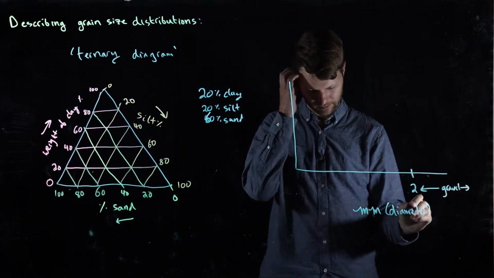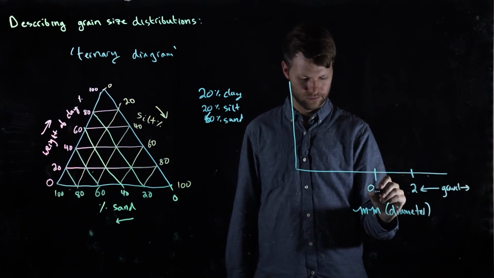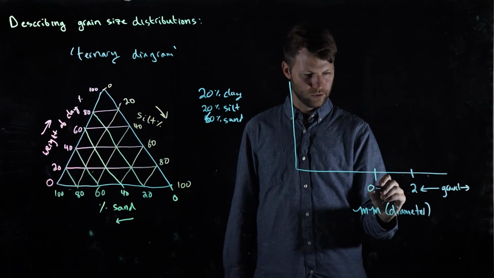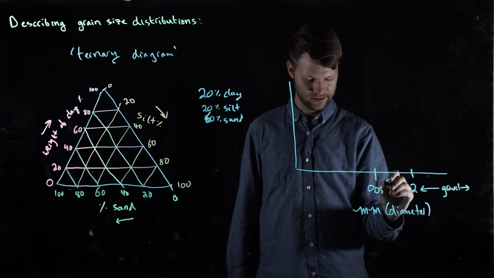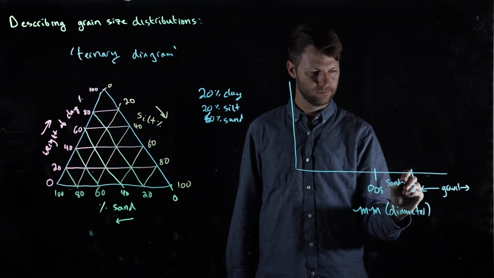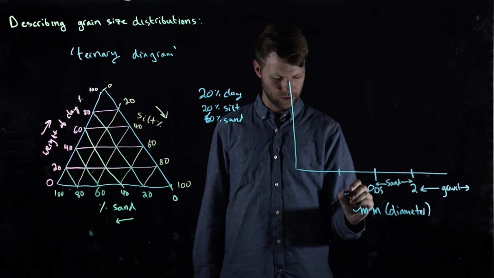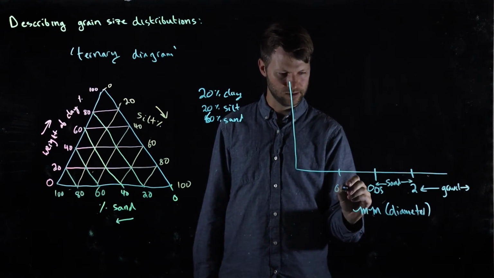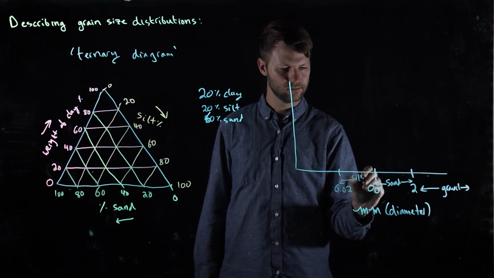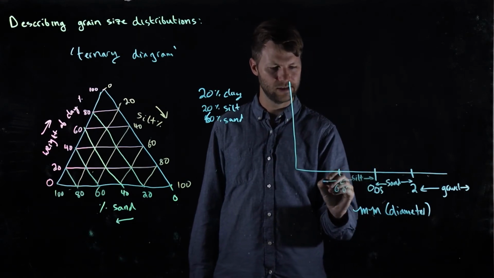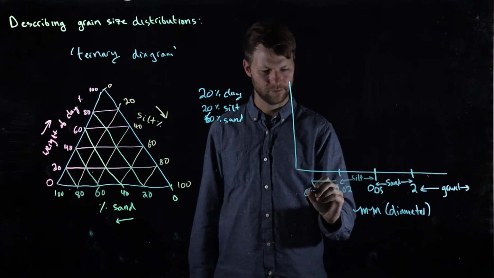So bigger than 2 millimeters. We'll go down to 0.05. This will be the sand region in here. We'll go down to 0.02. This will be silt. And then everything smaller than 0.02 millimeters we're going to call clay.